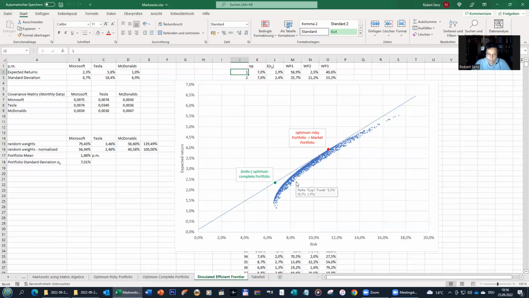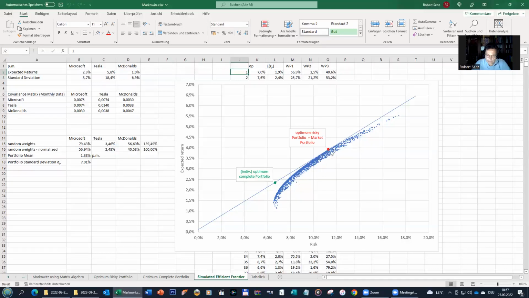If you're rational, if you're a prudent person, nobody would hold this portfolio because it's inefficient. So you can see, although we start selecting the weights randomly, it looks exactly like a borderline. It's this efficient frontier line which is emerging from this randomness.